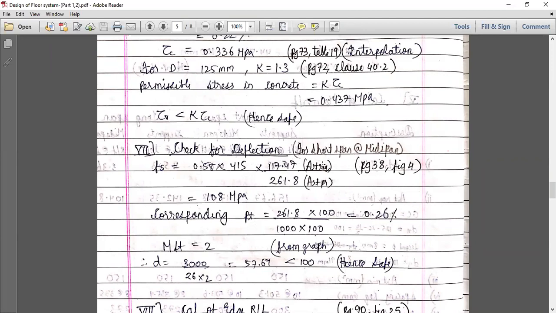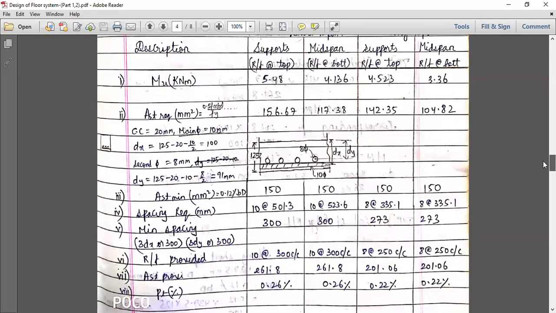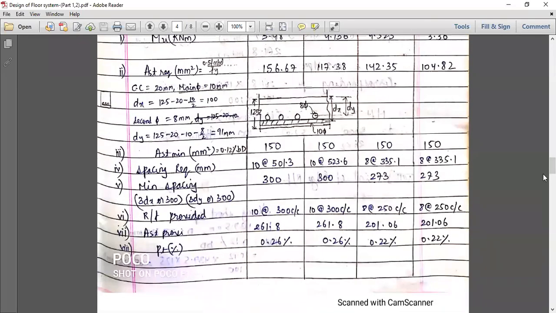At that point, whatever steel we have provided and what is required: what is AST required? AST required is 117.47. Accordingly we have taken the value. At the short span, at the mid span, let us see what the value is. At the short span AST required is 117.38, and how much have we provided? 261.8.